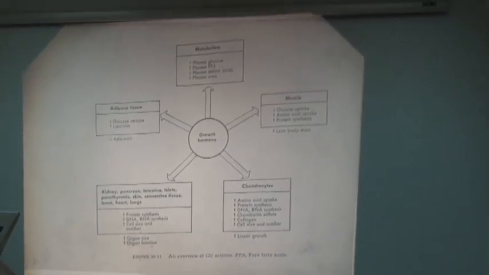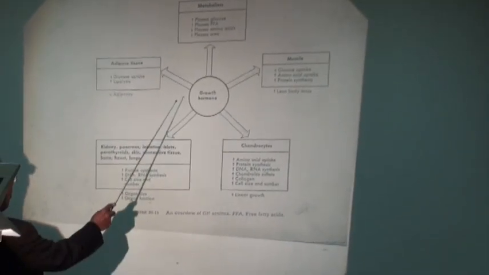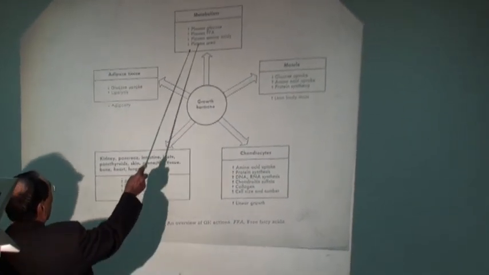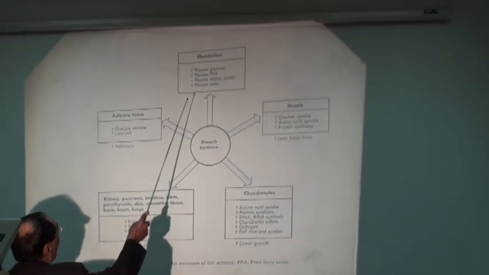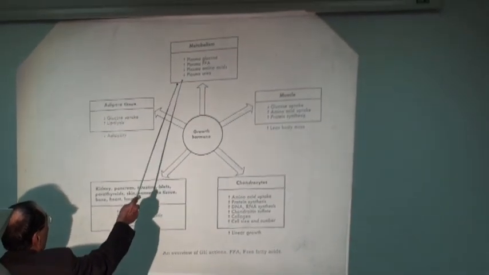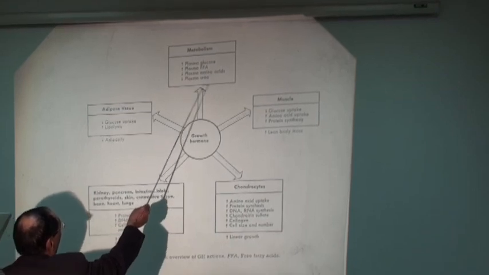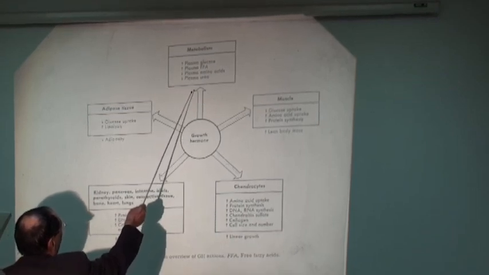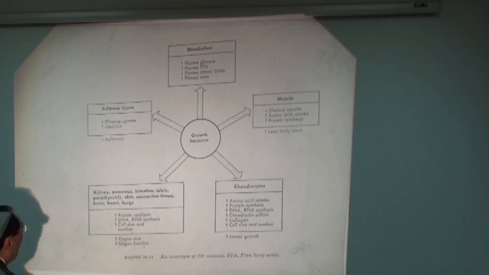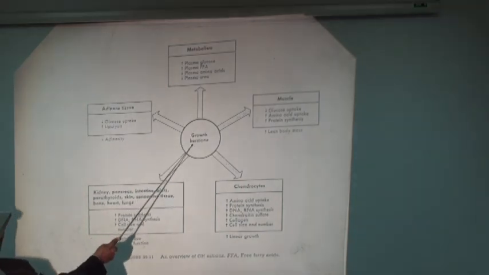Therefore, we started discussing the growth hormone functions. You see, growth hormone functions on metabolism: increase plasma glucose, increase plasma free fatty acid, decrease plasma amino acid, and decrease plasma urea.